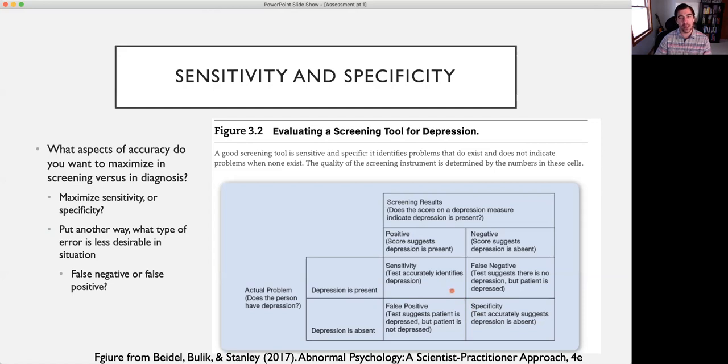But with screening, I think it's especially important to think about sensitivity, and with diagnosis, it's especially important to think about specificity, being able to rule out that the person has that condition. Different measures have different thresholds, and researchers are trying to balance these two ideas in terms of what they come up with for their threshold.